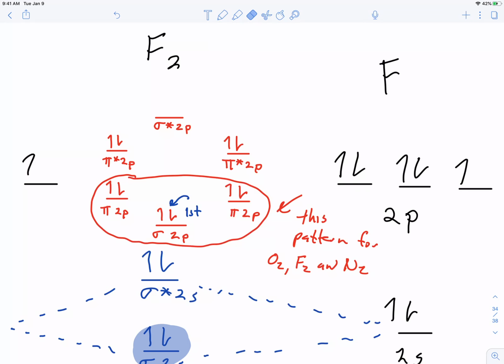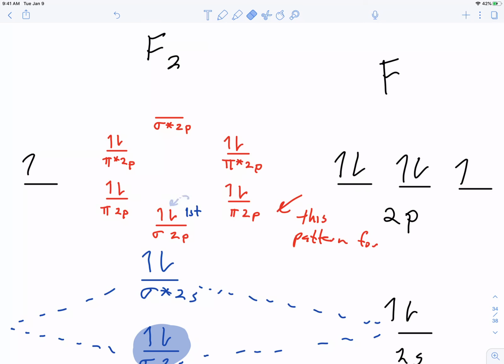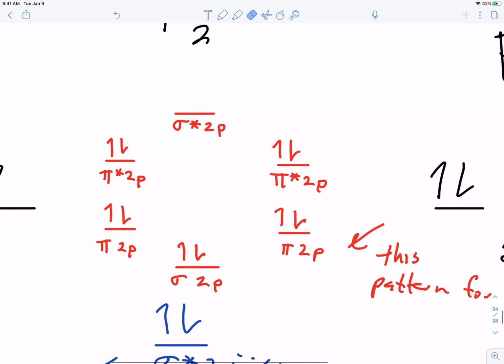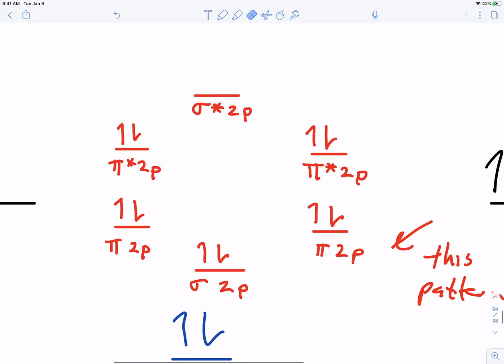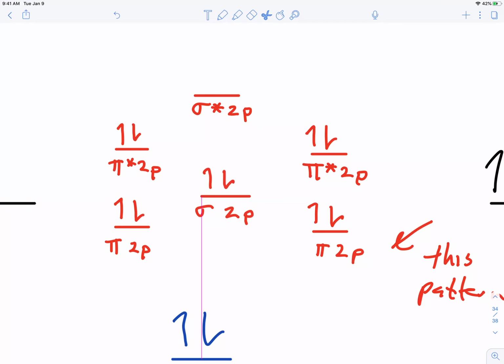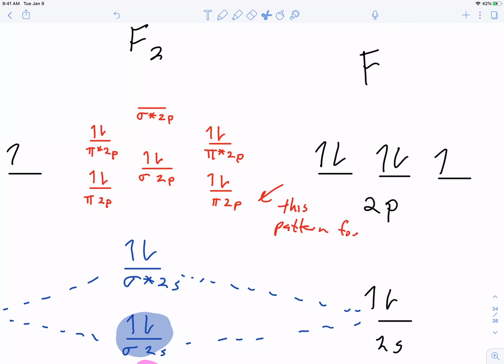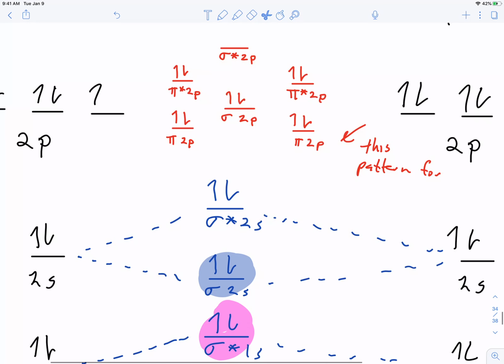However, it's not that way for all of the level 2 elements. So let me show you. This is higher, and this is the pattern. You see the sigma 2p is higher.